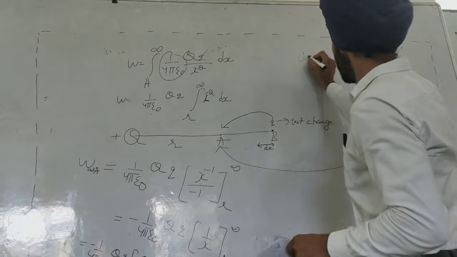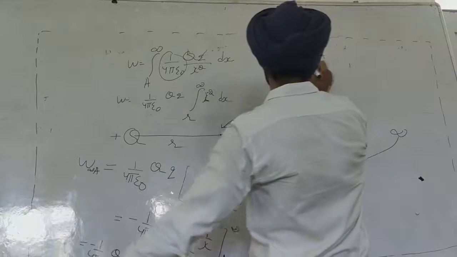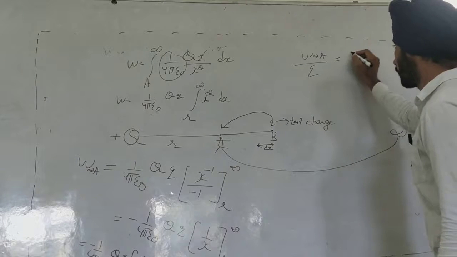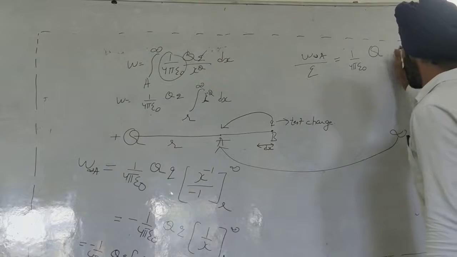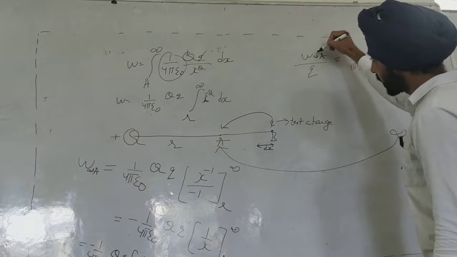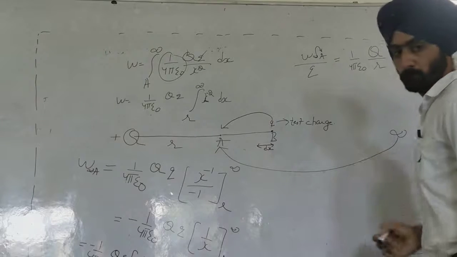So work done infinity to a, bring this test charge below this work done like this, and you will get 1 upon 4 pi epsilon naught, source charge upon distance. So this is the work done in order to carry the test charge from infinity to a.